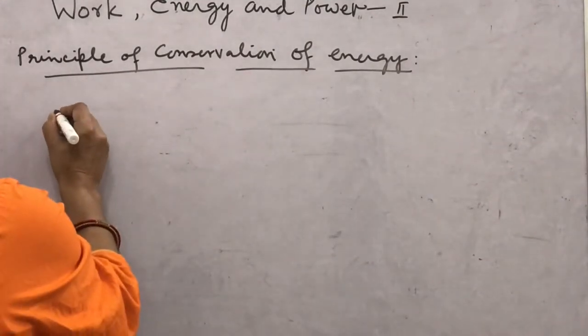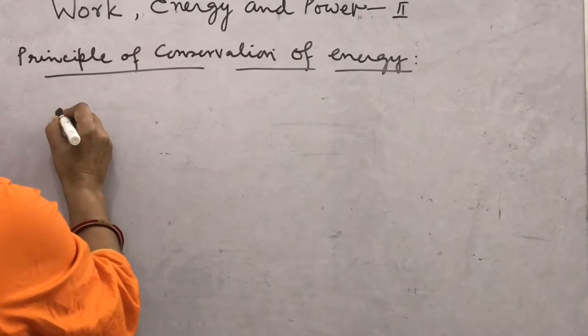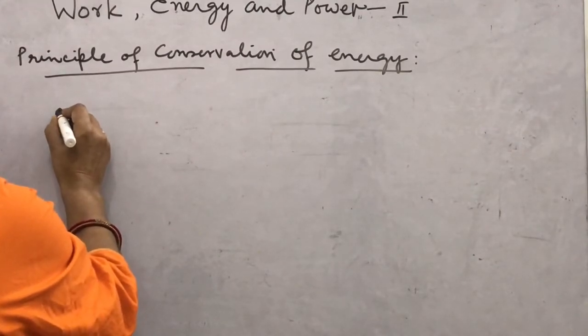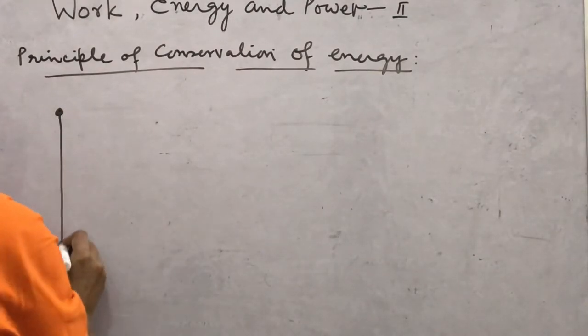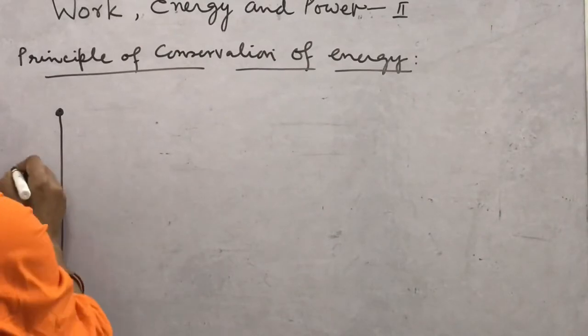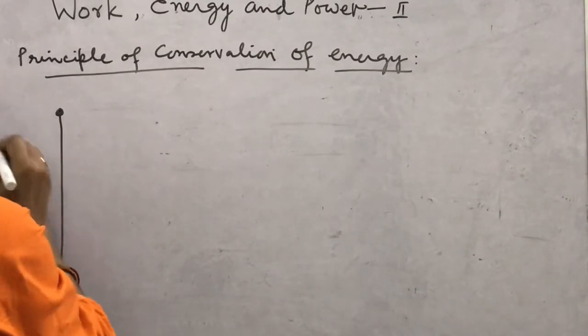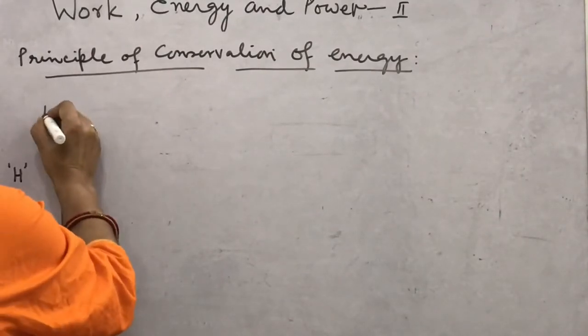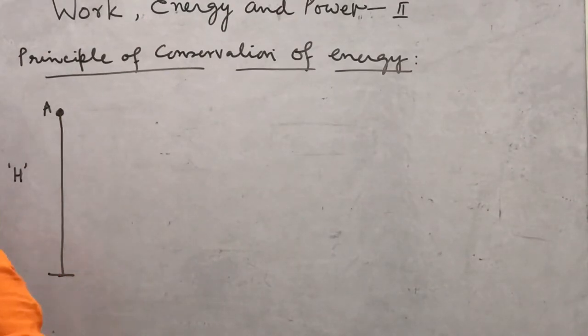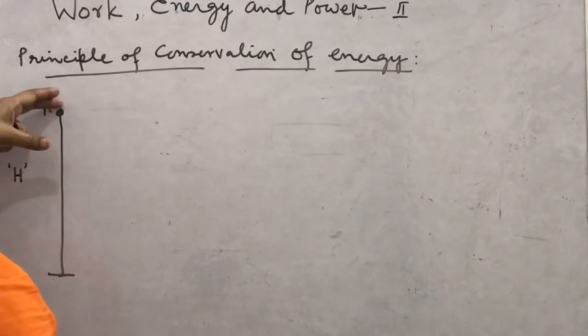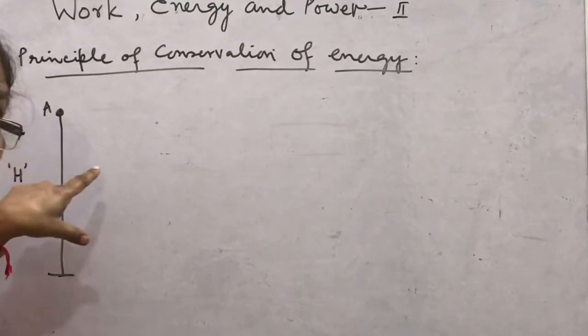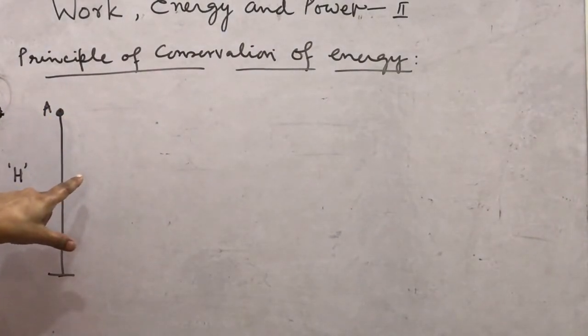Suppose we apply this principle to an object which is at a certain height h from the ground. It is situated at point A and it is at rest. Which energy will it have?